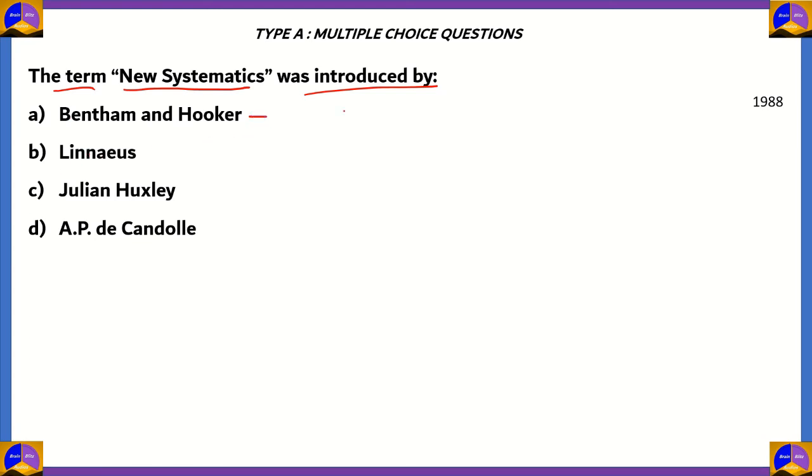Now, Bentham and Hooker is associated with writing the book Genera Plantarum, so therefore option A is incorrect. Linnaeus is associated with binomial nomenclature, so therefore option B is also incorrect.